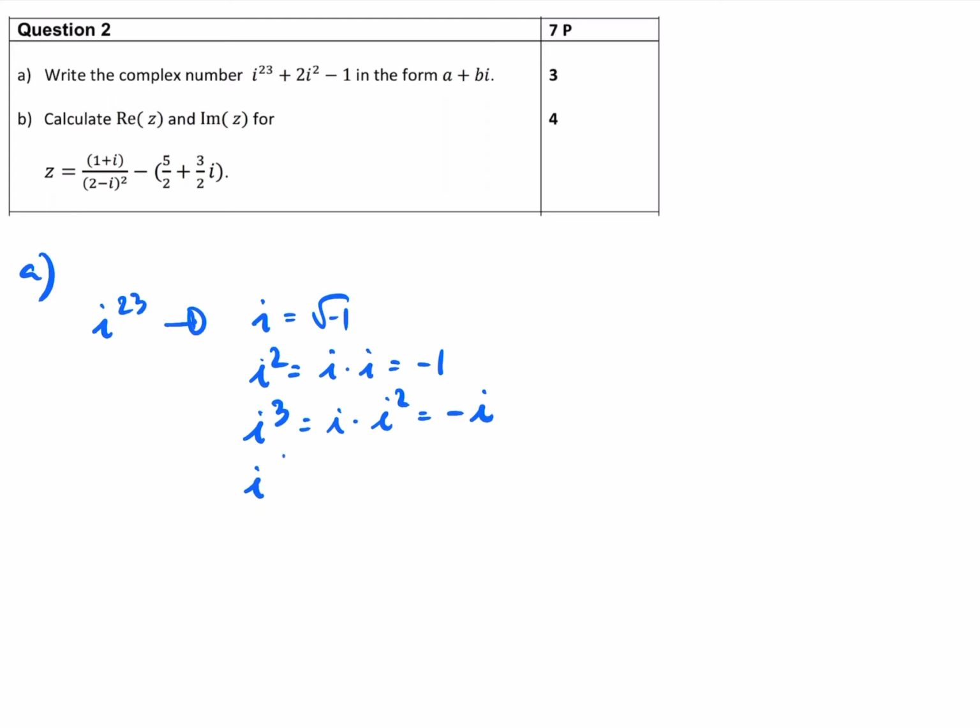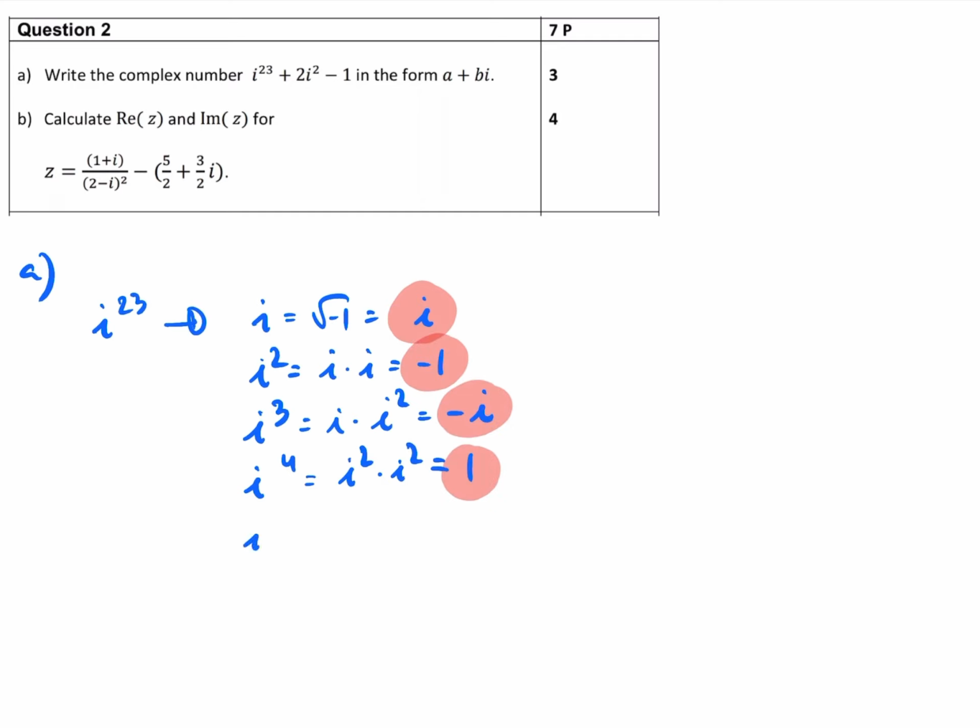And i to the power 4 is i squared times i squared. And i squared by definition is -1, which means that this is just equal to 1. So the sequence we get here is first we've got an i, then -1, then minus i, and then 1.